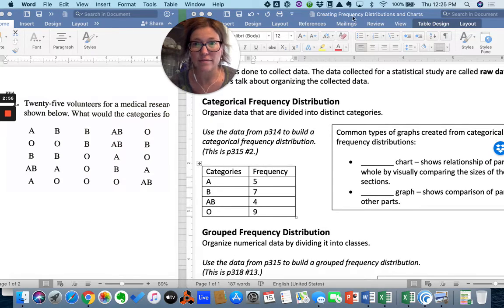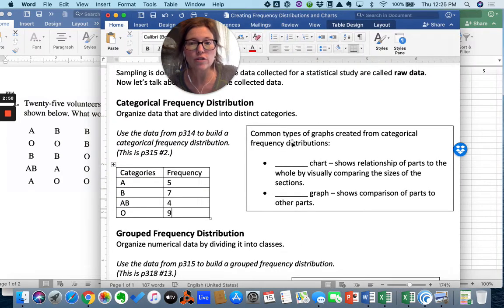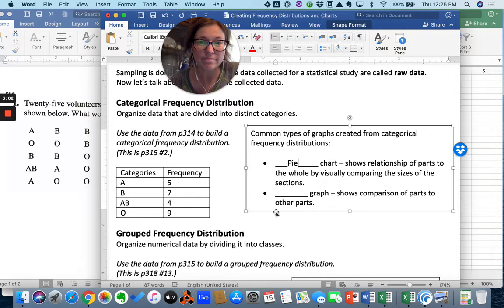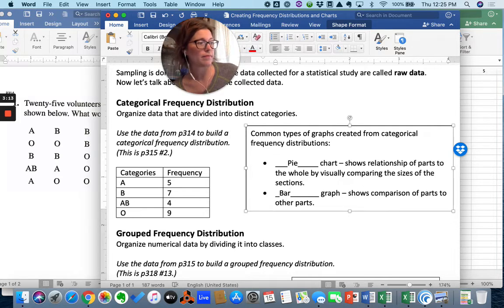Categorical data, like this, works well in the form of a pie chart or a bar graph. If you are going to make a pie chart by hand, there's 25 total.